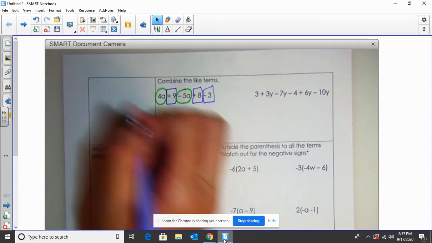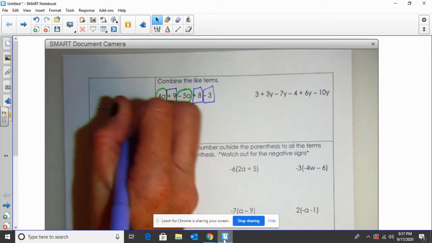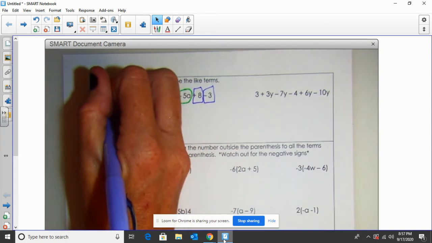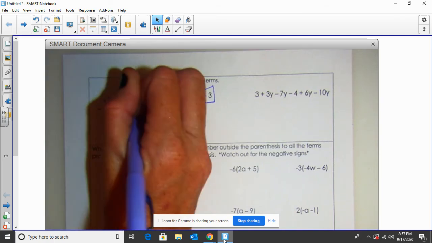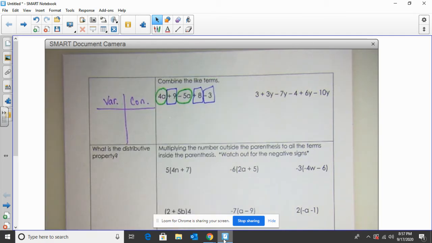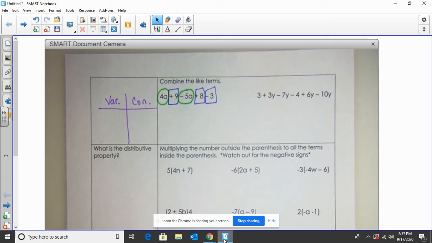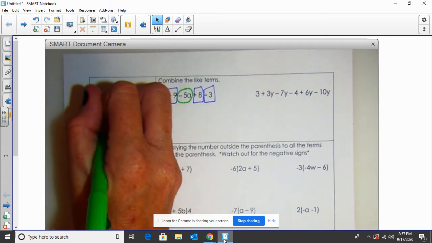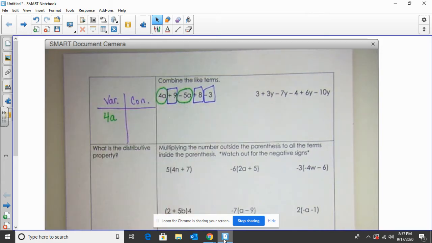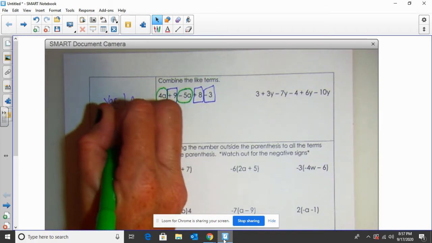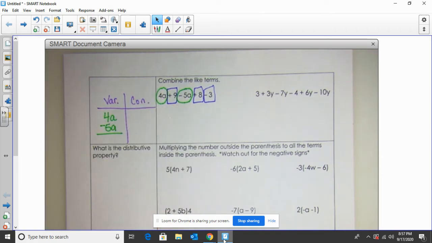So remember, my habit was to separate into two columns. I have all my variable terms on one side and all of my constant terms on the other. So my variable terms, I had a 4a, which happened to be a positive, and a 5a, which is a negative.